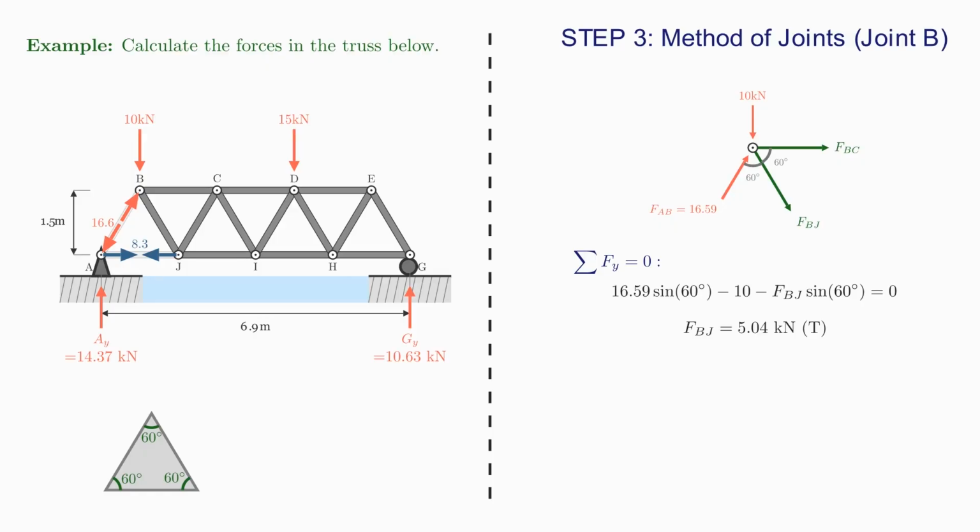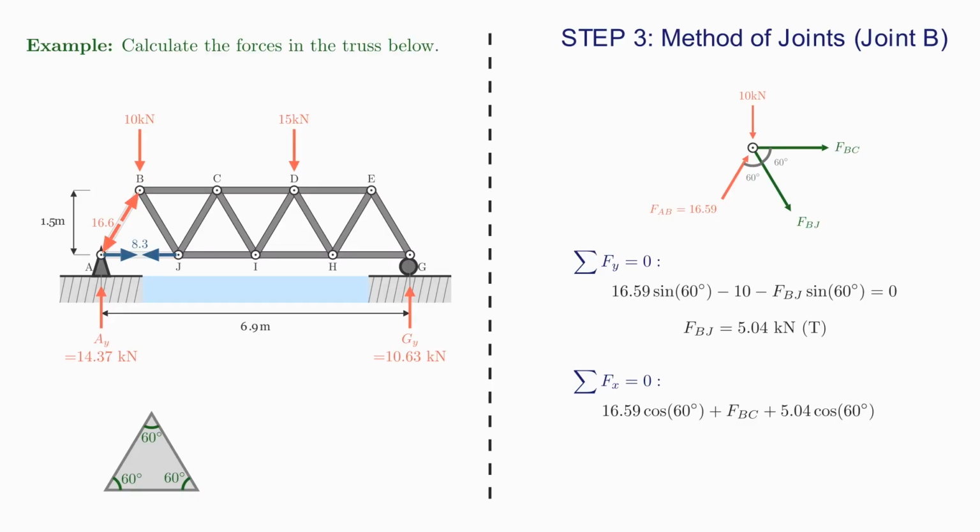Then adding up all of the forces in the x direction, equating these to 0. In the positive direction, to the right, I have FAB, so taking the horizontal component, I get 16.59 cos 60, plus FBC is also going to the right, plus the horizontal component of FBJ, which is 5.04 cos 60.